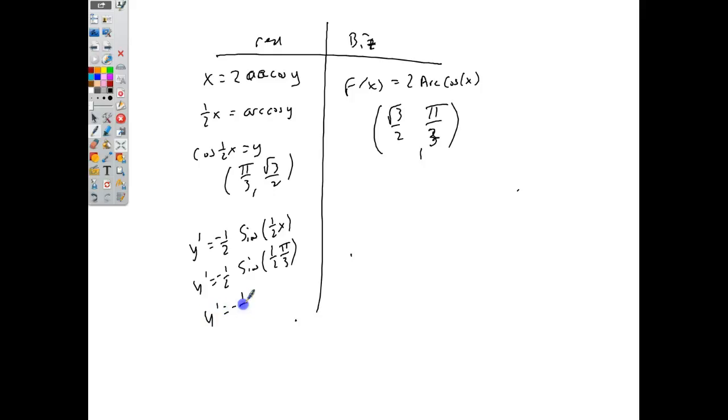So y prime is negative 1/2 times this whole thing becomes 1/2, right? So what do I get? Negative 1/4. So my derivative of the original function at root 3 over 2 would be equal to what? Negative 4.